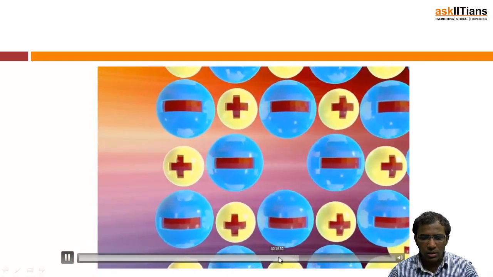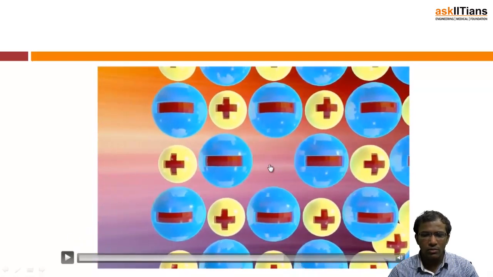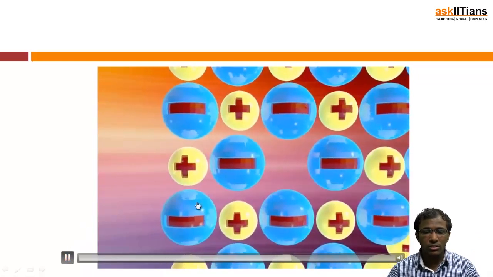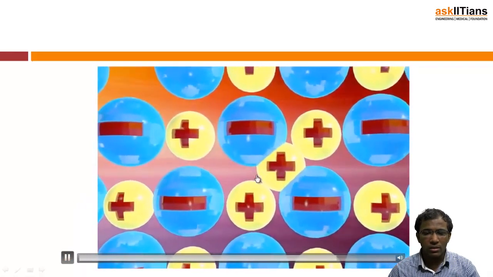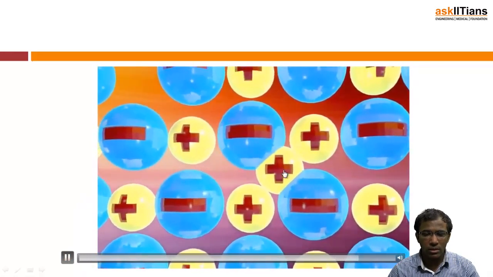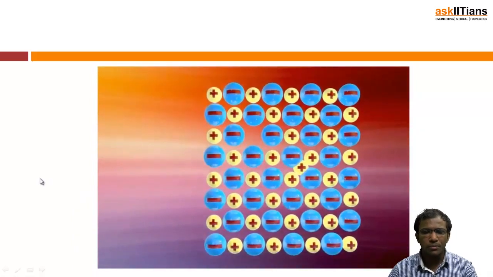I repeat this thing. So here it is missing. This is the original site where it has to stay, but here it is occupying this interstitial position, some other position in the crystal. So such type of defect is known as Frenkel defect. Yeah, this is the interstitial site it is occupying here. So this is about the Frenkel defect, which is simple.